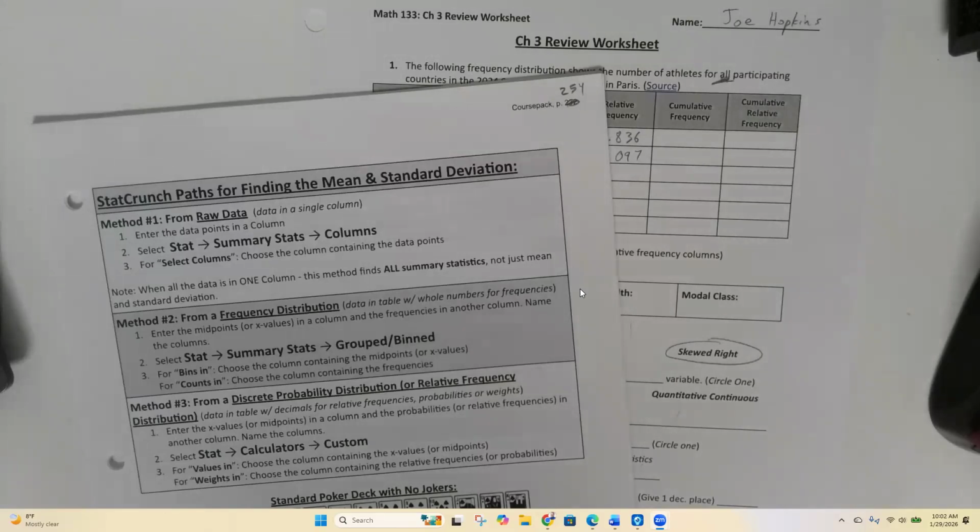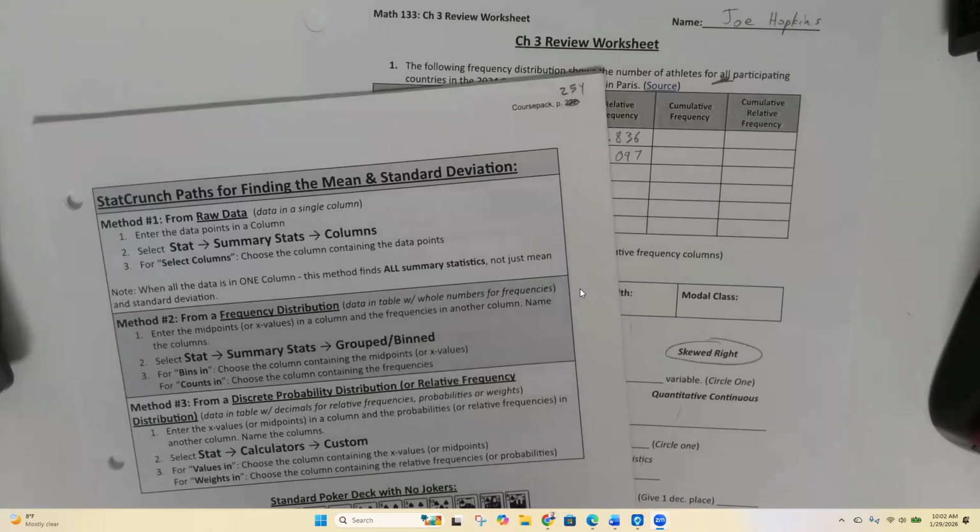So you basically calculate your mean and then check all your data points against that and figure out how far away they are and then take the average of that. It's not technically what it is, but that's the best way to think about it. But it does take a while to calculate, and so we're not going to do it ourselves. Instead, we're going to use StatCrunch to calculate all of our standard deviations for us.